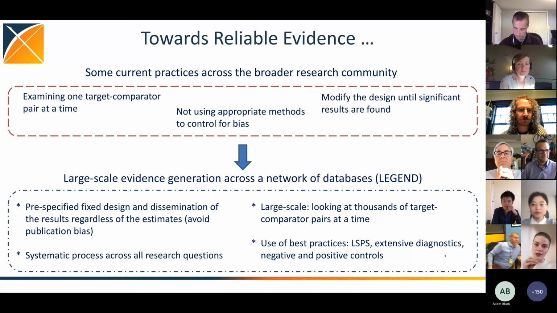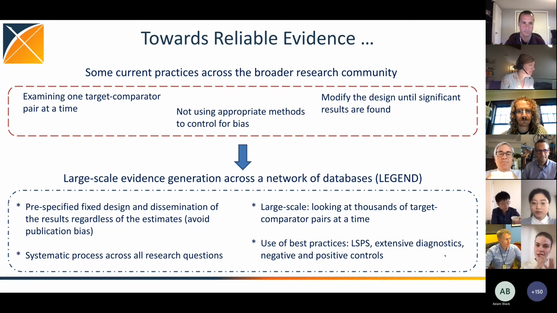What LEGEND proposes and uses instead is a set of principles which allow for transparent, reproducible, and robust research. We use a pre-specified design, which we publish in the form of a protocol, and then we disseminate whatever results we obtain from the study to make sure that we avoid publication bias.